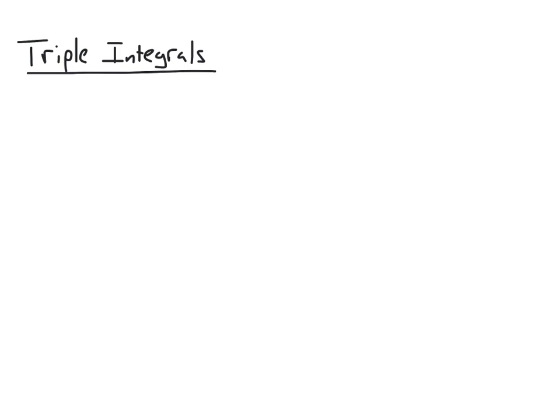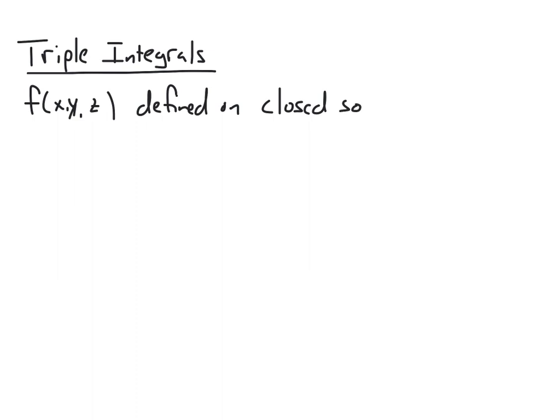So to extend in the obvious way to a triple integral, we're going to need a function of three variables, f of x, y, z, and it needs to be defined on a closed solid, which we'll call S, which is a subset of R3, so of 3-space.